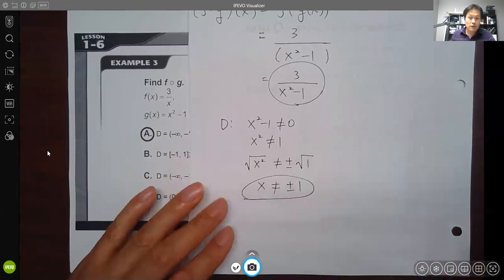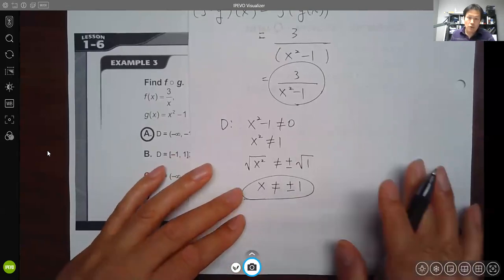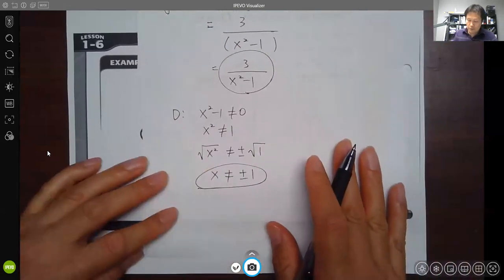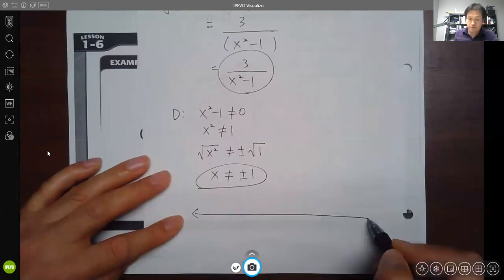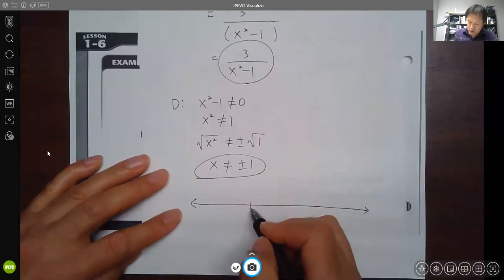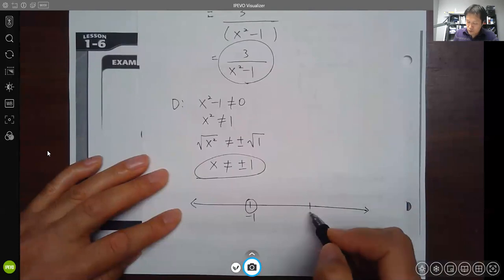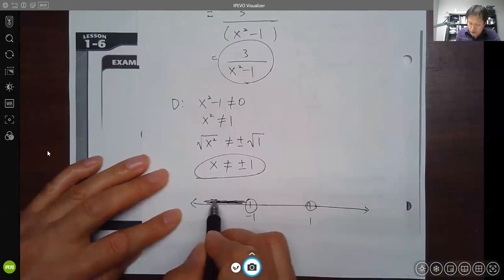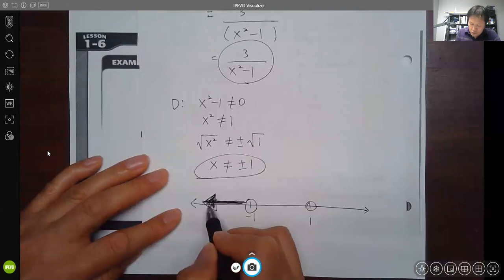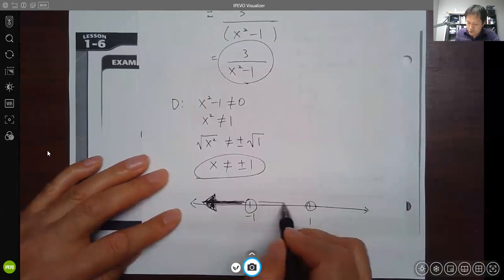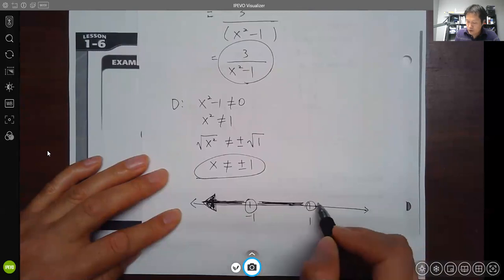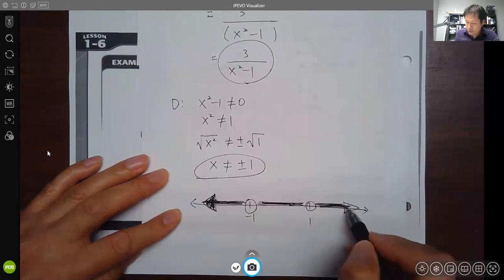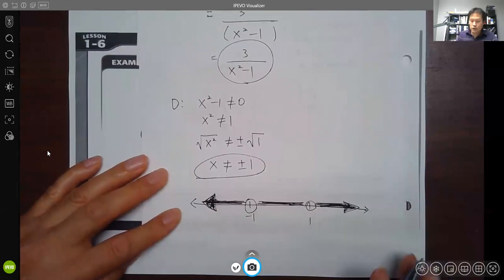Again, this is a fantastic answer as a domain, but for ALEKS, you will have to answer in interval notation. So minus 1 empty, 1 empty. Everything else is filled up, so you can cover everything on the left, you can cover between, you can cover to the right of positive 1. So we have 3 intervals to express.